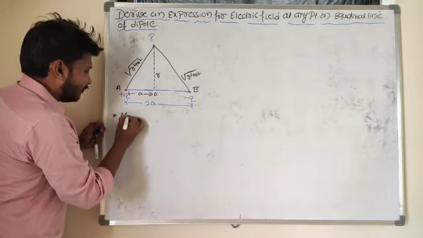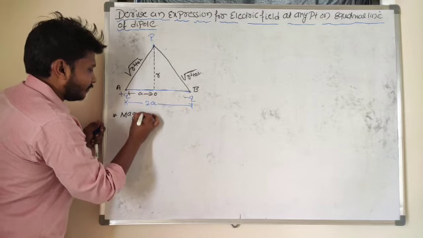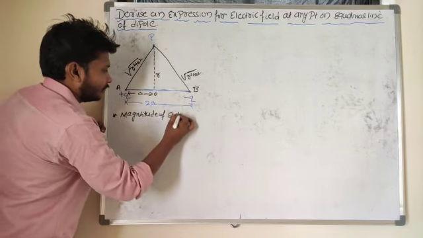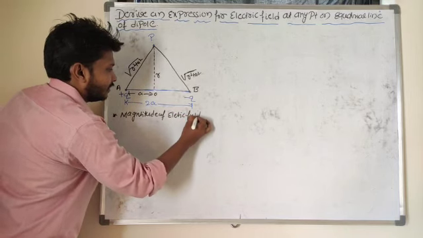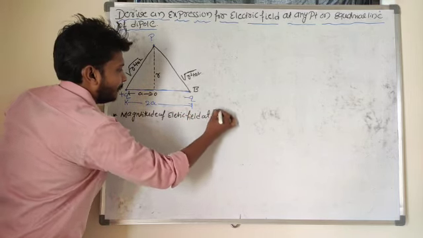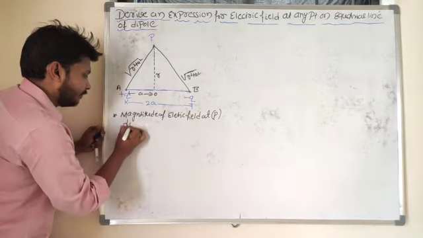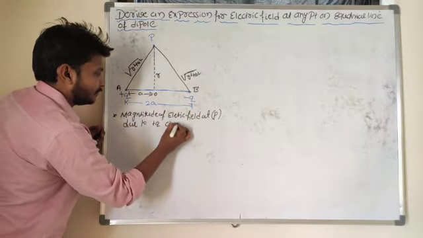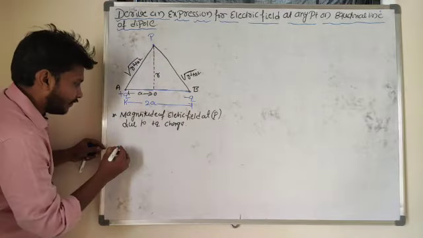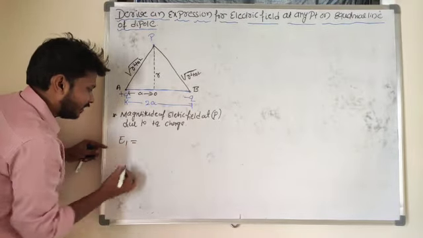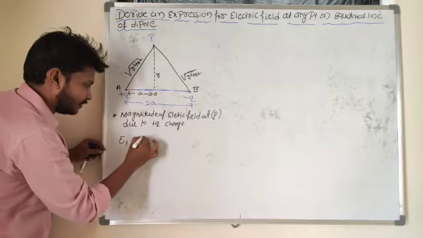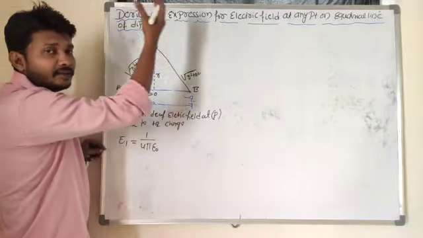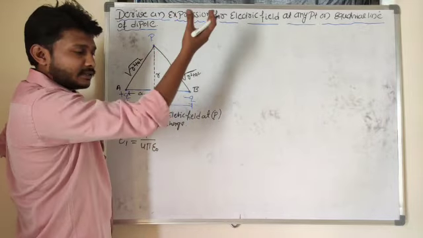So magnitude of electric field at P due to the first plus q charge. So what is that value here? Electric field at point P due to plus q charge. I consider only magnitude. Later on I will consider the plus and minus sign on the basis of the direction.